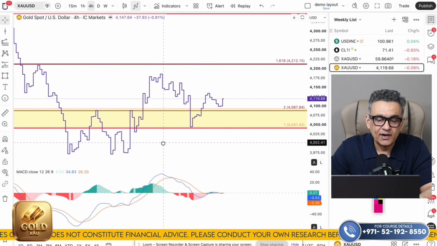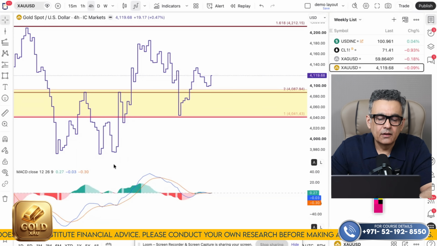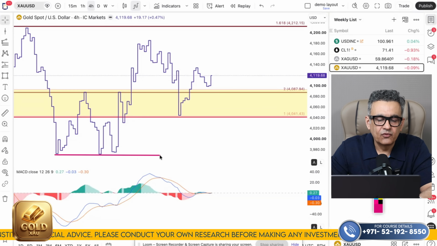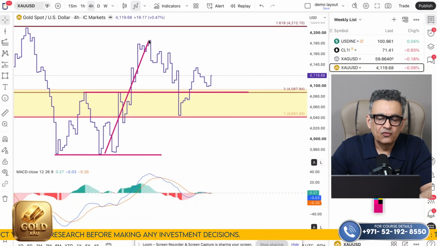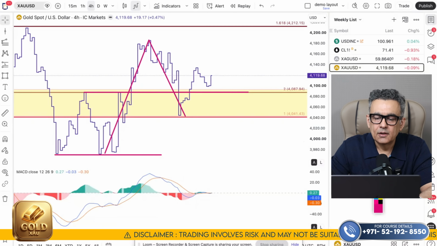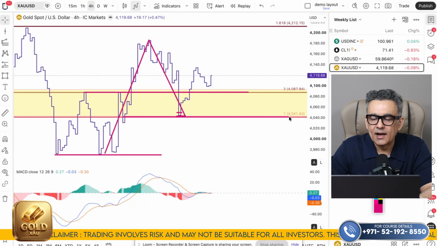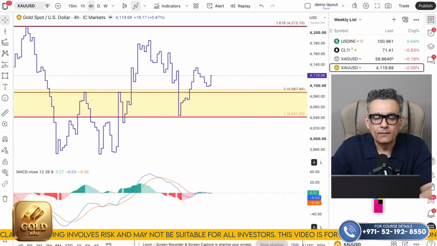Now on the 4 hourly frame, we got the double bottom at 39.42. We got the break of structure here. We got the impulsive move and we got the corrective drop here. And the corrective drop comes precisely to the magnet zone and it retests 4041.